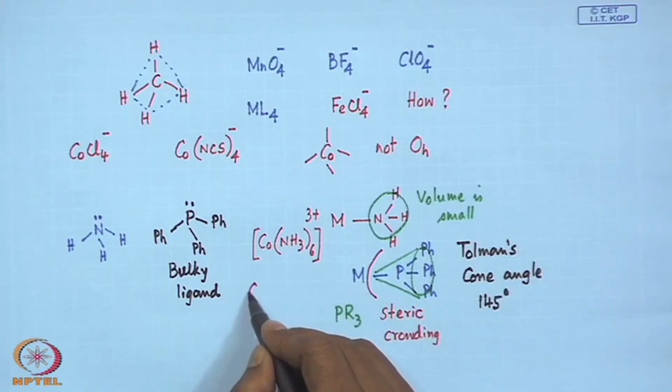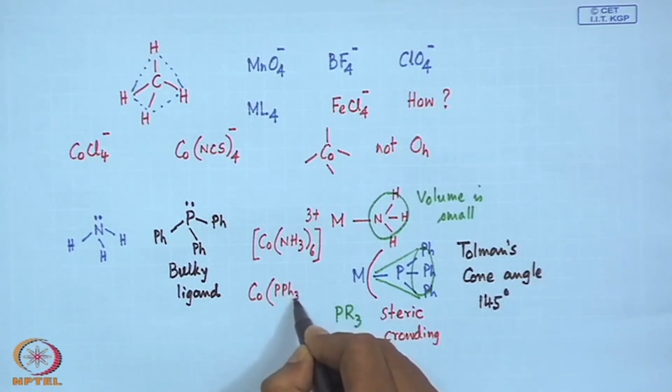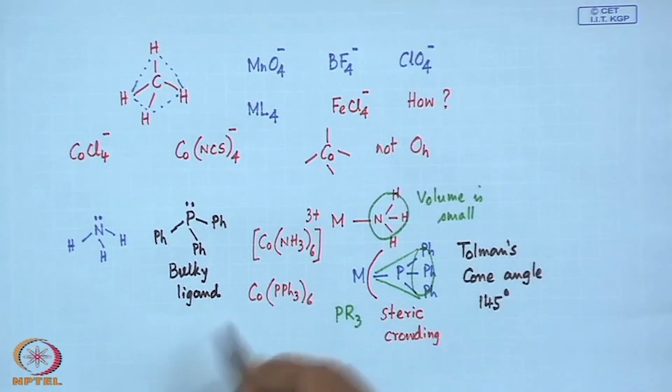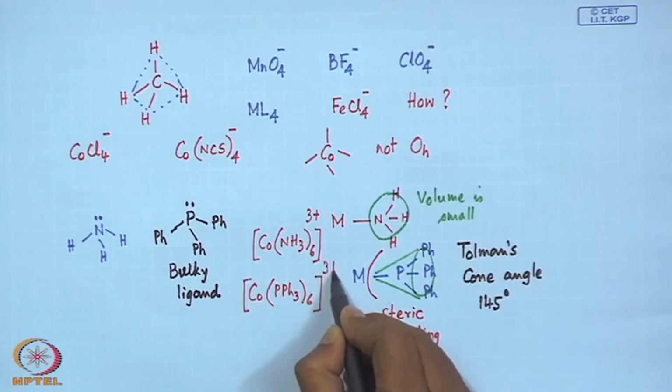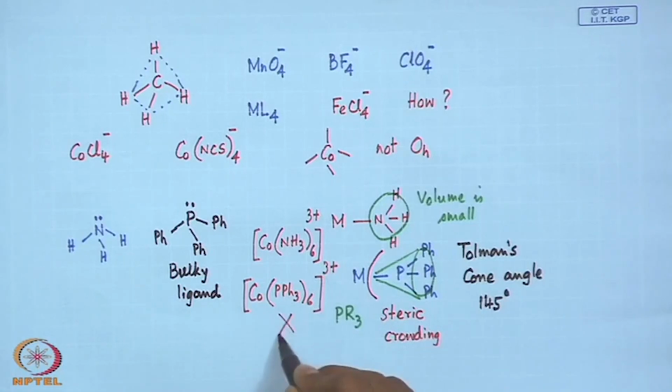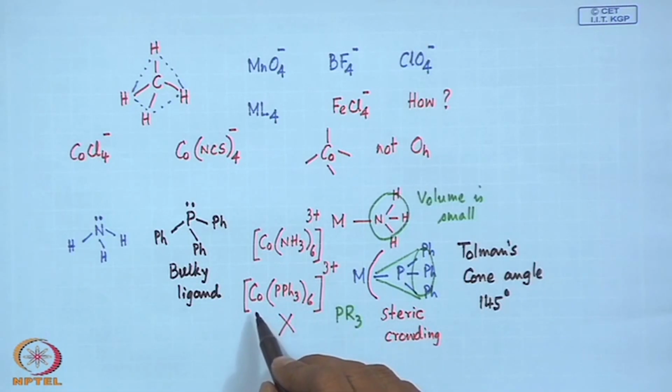That means we cannot have cobalt PPh3 whole 6 molecules in our hand, similar to that particular ammonia, because the steric crowding would be more, and we will not end up with any situation where 6 phosphine ligands can go and cover this particular cobalt center systematically for an octahedral geometry.